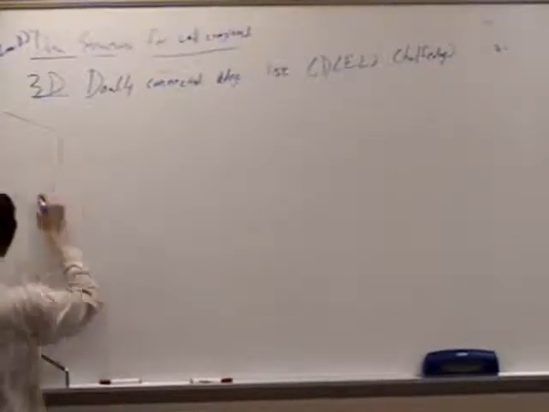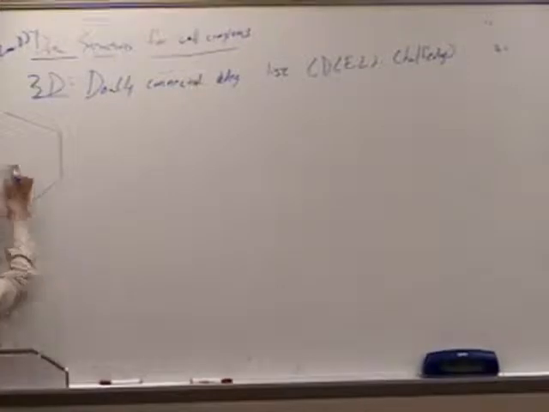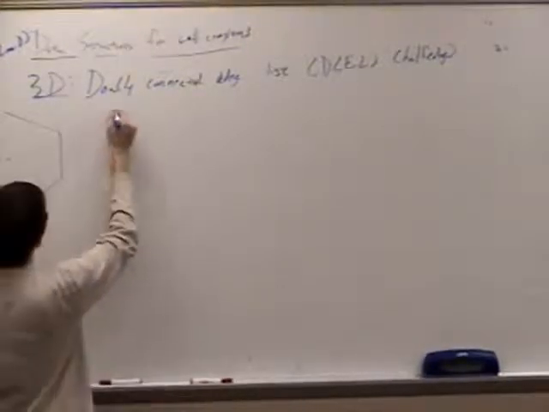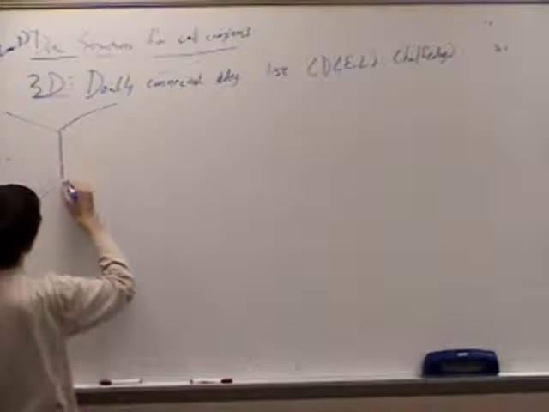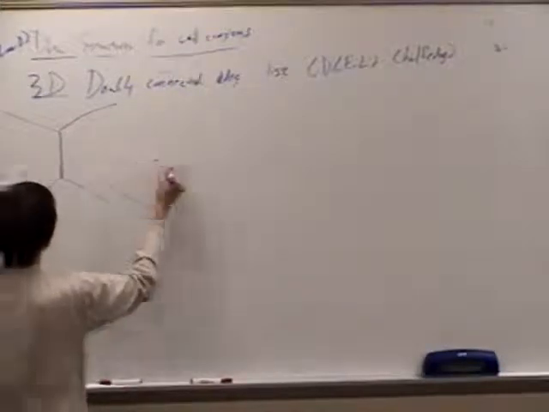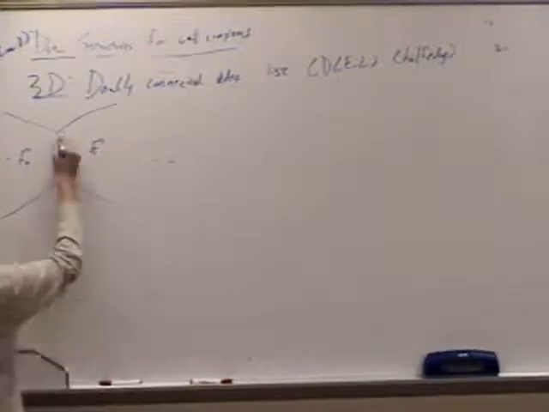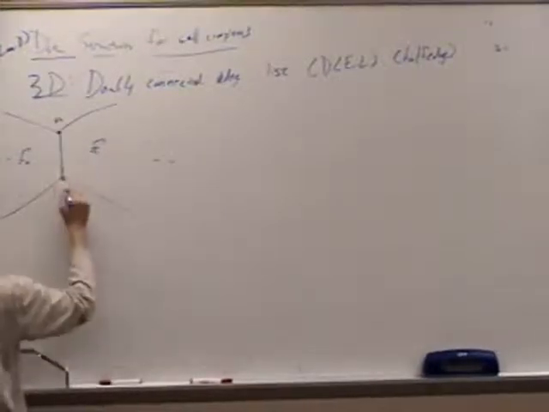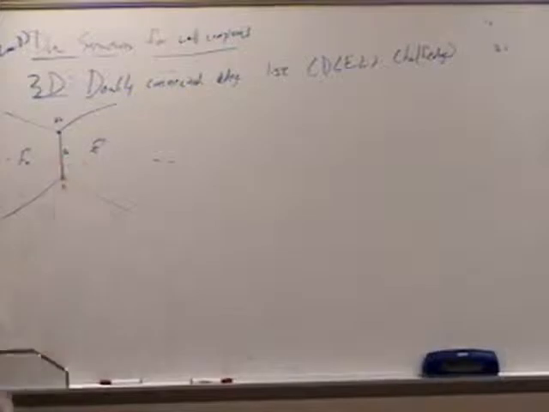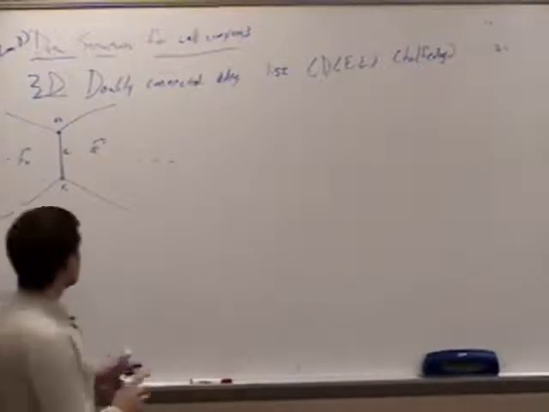So let's zoom in on just a single edge within the polytope. So imagine we have more stuff out here. So we'll call this face F0, this face F1, label this vertex V0, this vertex V1, and this edge E. So here's the idea.